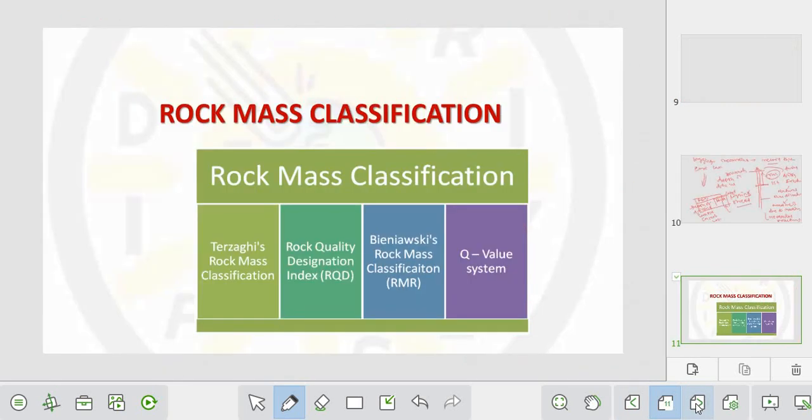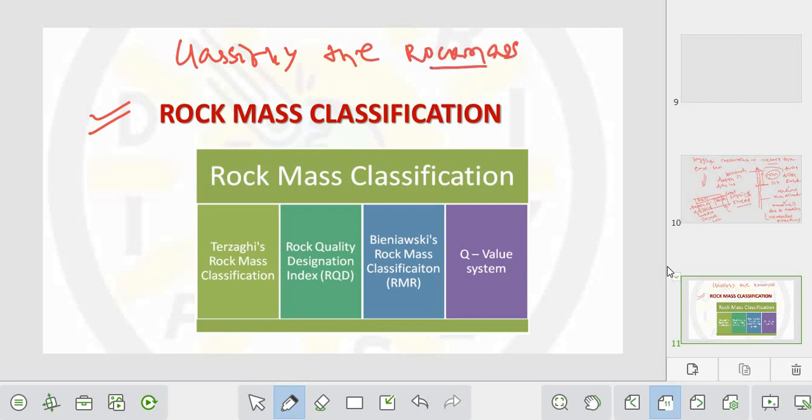Let's go to the next one. So this is the study under the rock mass classification, how you normally classify the rock mass. We will see this when I teach engineering geology in detail. Engineering geology cannot be covered within like 5 or 6 days.